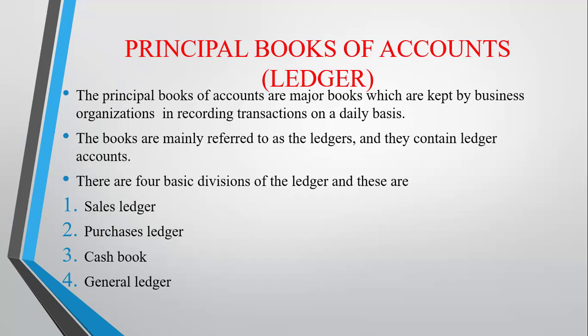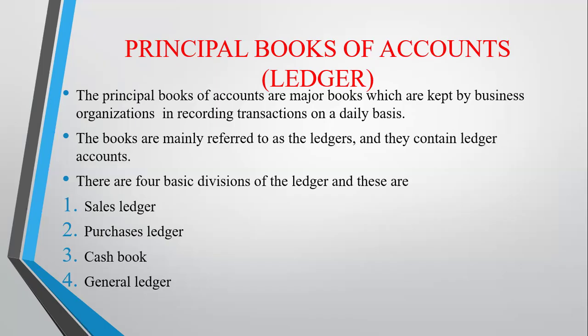So the ledger summarizes transactions relating to assets, liabilities, capital, income, and expenses. It serves as a final and permanent record of business transactions. This is also known as the principal books of accounts.